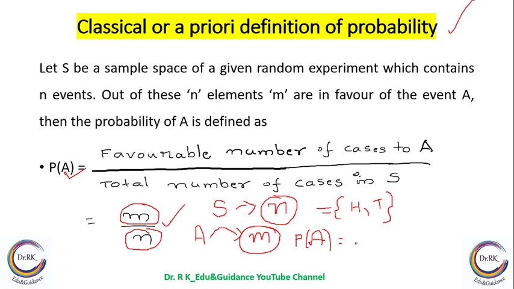Okay. So now how many cases are there in the sample space? How many entries are there in the sample space? Or what is n value? N value is 2, right? 2. Right? Now A is an event related to head. So out of these two, only this one is in favor of the event, right? So therefore it is 1 by 2. Right? P of A equal to 1 by 2. So this is the basic definition of probability.